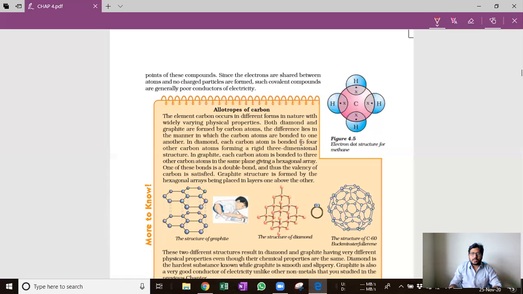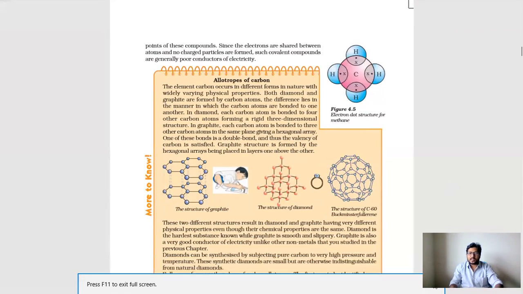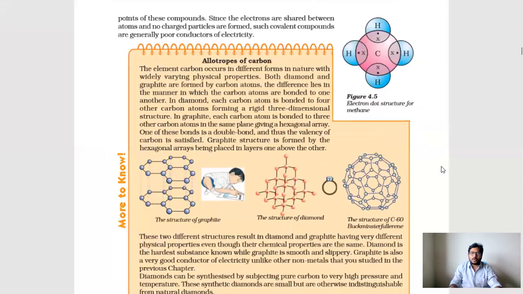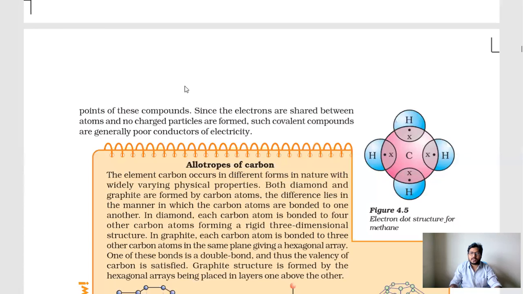Now, here we have a structure. Let us try to understand that structure and let us see allotropes of carbon. First, if you observe, this is known as methane. It is a carbon compound. How is methane formed?